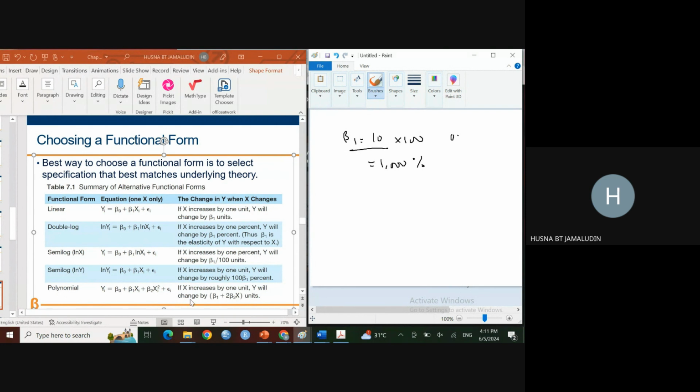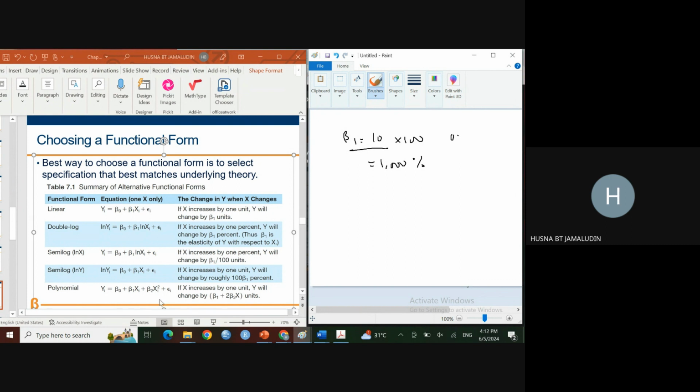So what happens if you want to interpret this quadratic form? If x1 increases by 1 unit, your y, remember you have to differentiate it, will change by beta 1 plus 2 beta 2 x1.